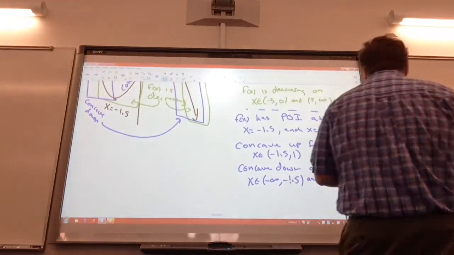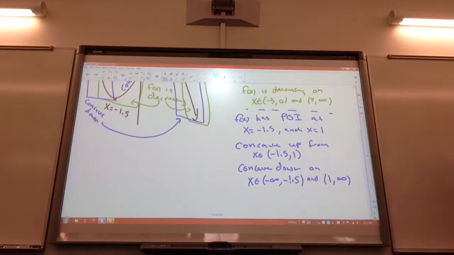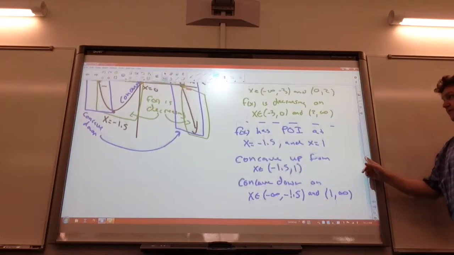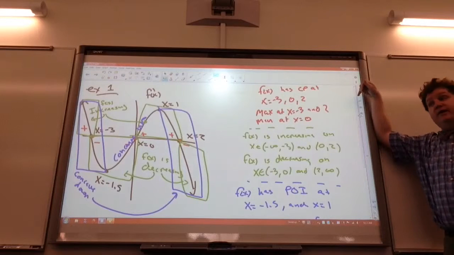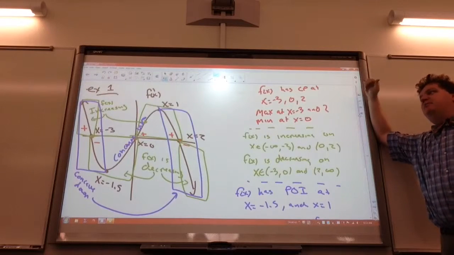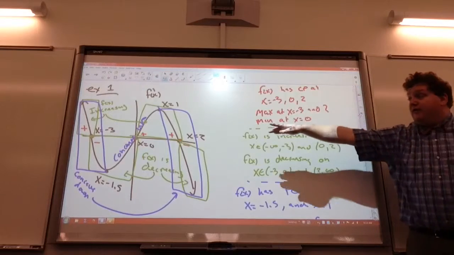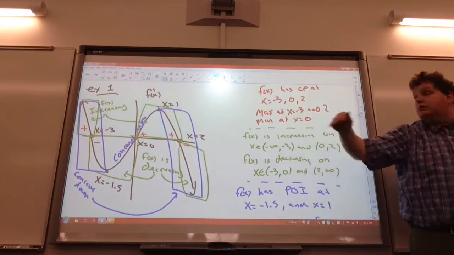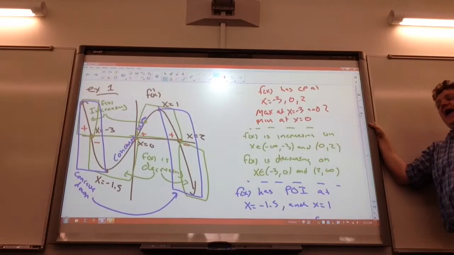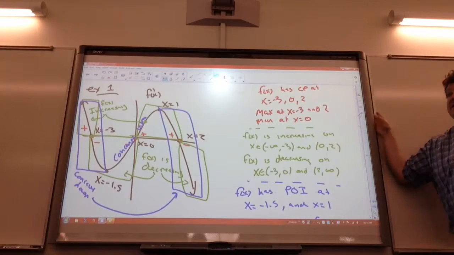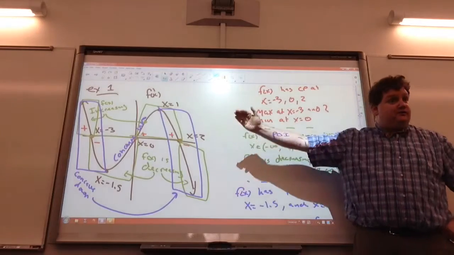So there we have it, okay? Again, it's from what I know what these things mean. Basically, maximums and minimums, critical points, determine where f prime of x is equal to 0. From my graph, I know exactly where those are. Increasing and decreasing is determined when f prime of x is positive or negative. Again, from my graph, I know where those intervals are.